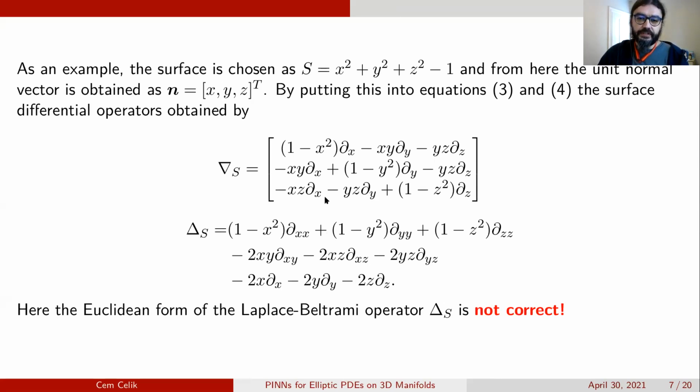We can check here. I think what they did wrong is applying the regular Euclidean gradient to this gradient. If you take the partial derivative with respect to x of the first row, you get this first term, one of these terms, and the last term from the first row.